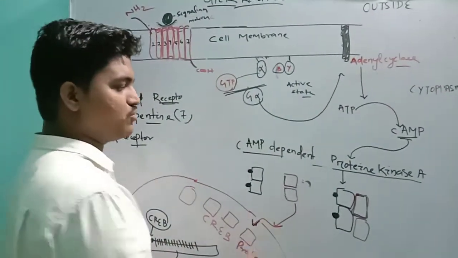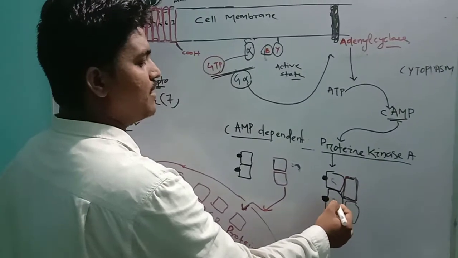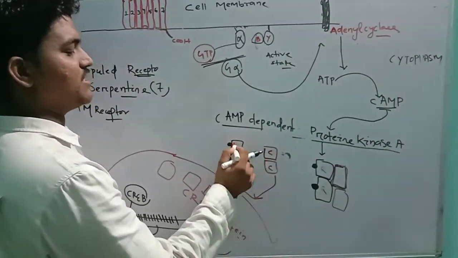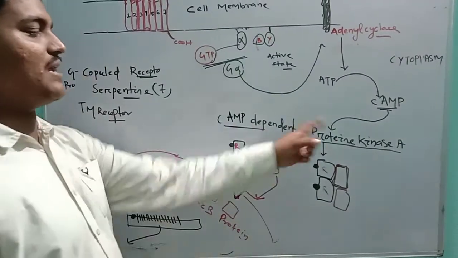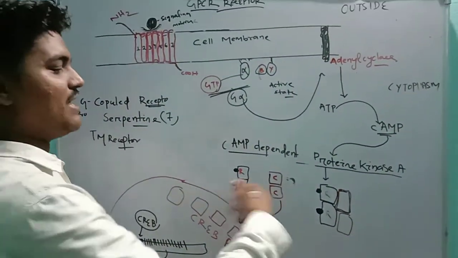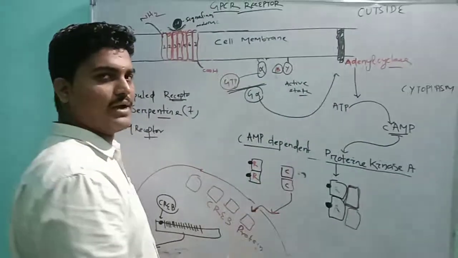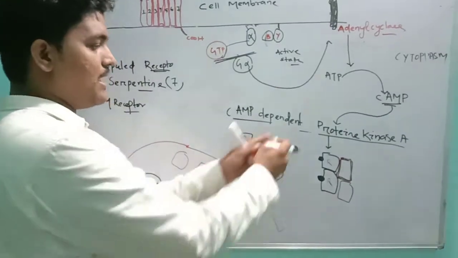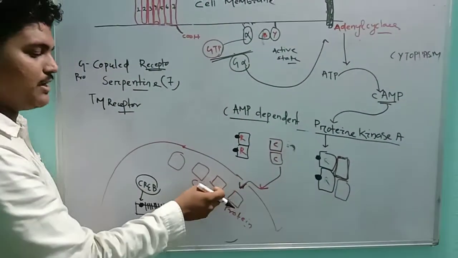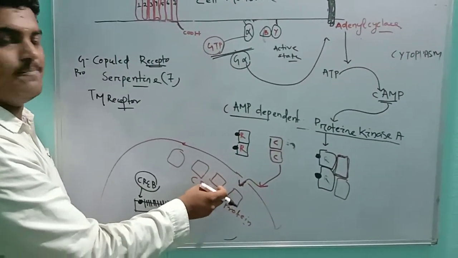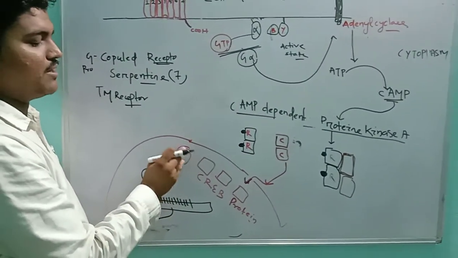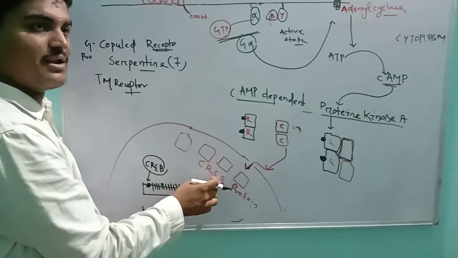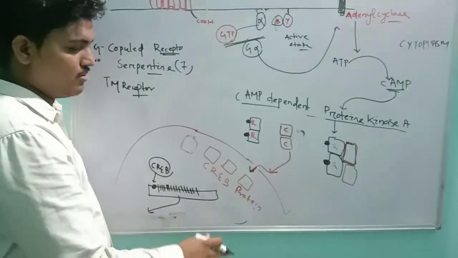Protein kinase A has two parts: a regulatory part and a catalytic part. Here the catalytic part is red and this is the regulatory part. The protein kinase causes phosphorylation of the regulatory part, so the regulatory part detaches from the catalytic part. Now the catalytic part enters the nucleus and activates the CREB, cyclic AMP response element binding protein.